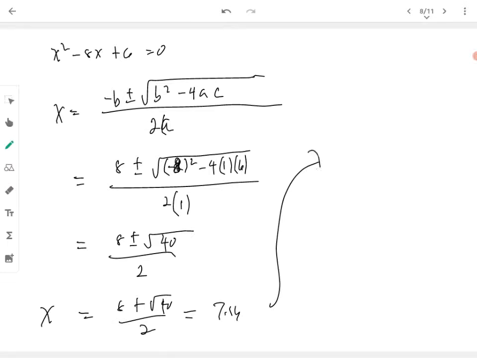And the other one is x equals 8 minus square root of 40 all over 2. Then that is, I think that's still positive, 0.84. Okay, 0.84. Okay.